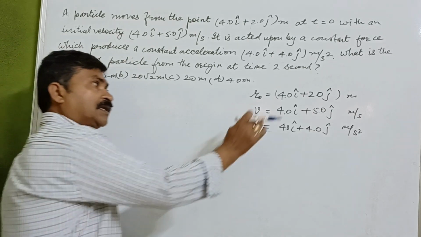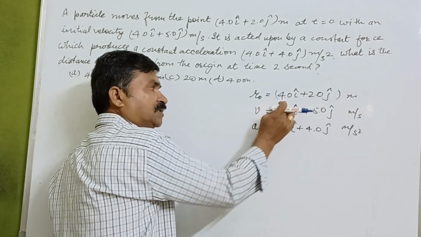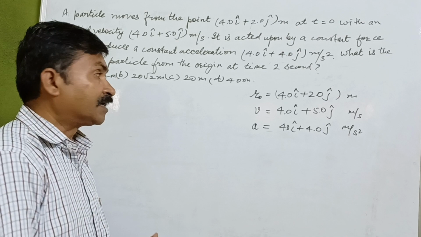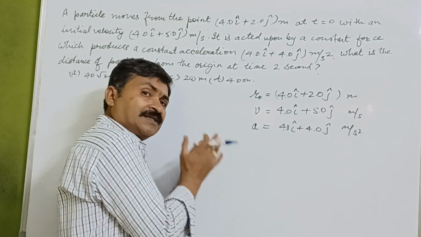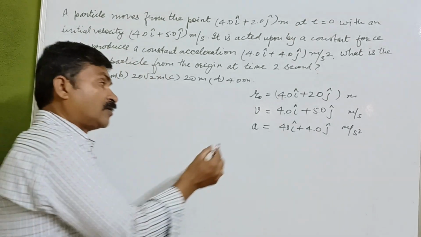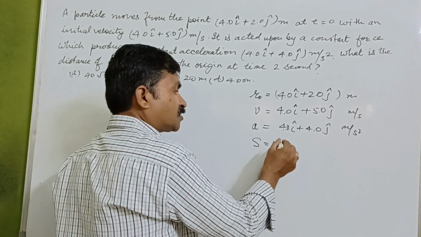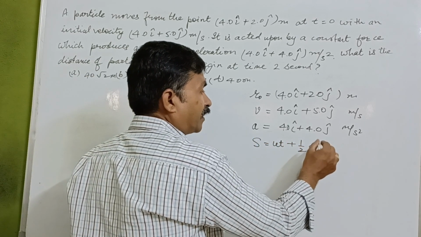Now, if we go through the x components of these, we can determine the displacement. Now, if we go through this equation, s is equal to ut plus half at square.